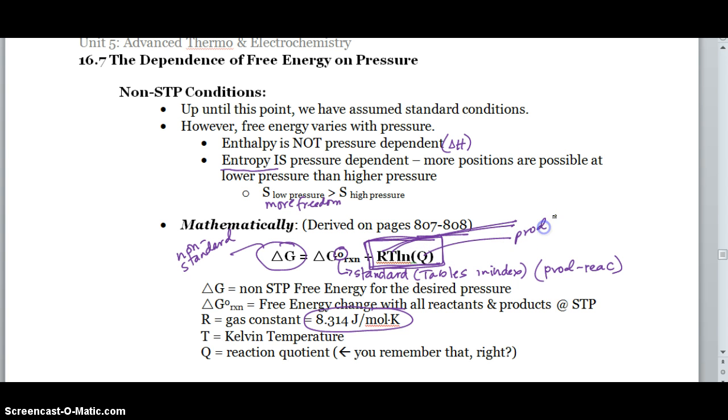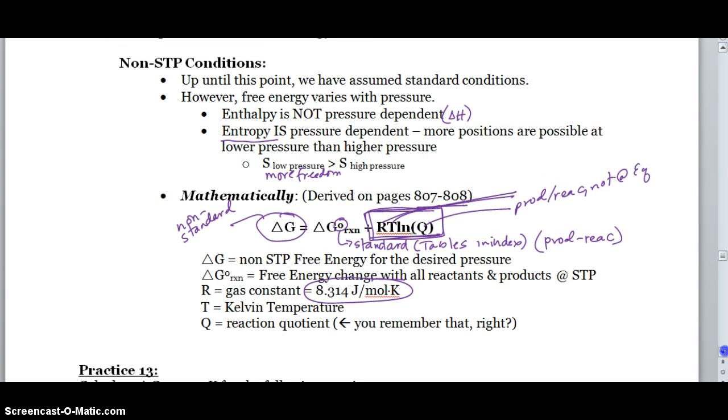You find Q the same way you find K, products over reactants, but it's called Q and not K because you're not at equilibrium. Something special happens when you are at equilibrium. So that is the relationship between non-standard and standard conditions, corrected with this little factor.